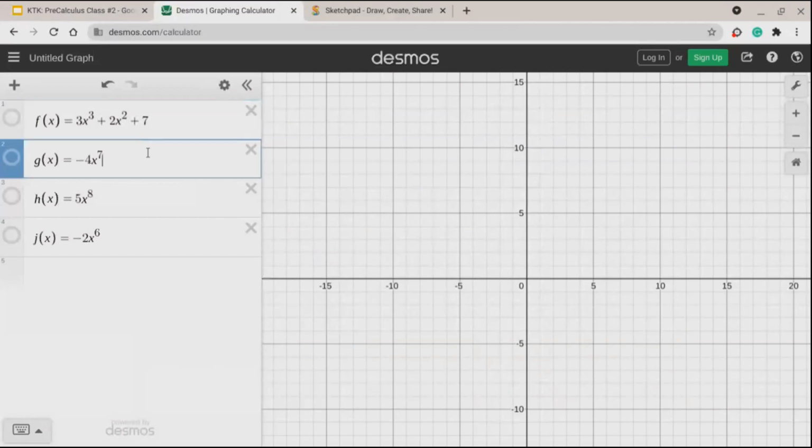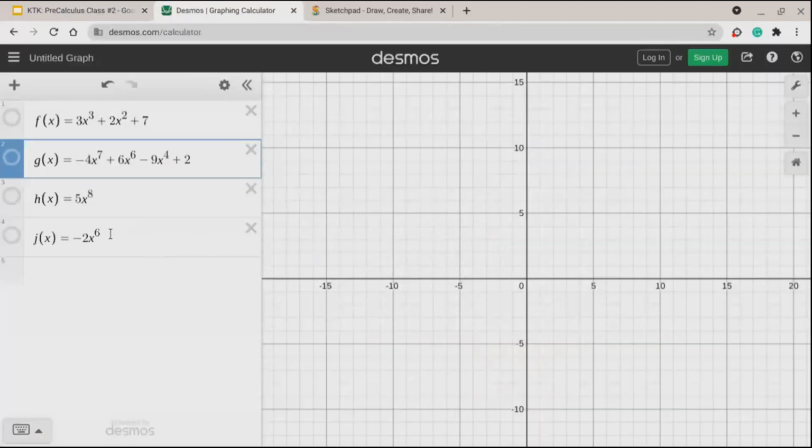And we're going to do the same thing with this other one: negative 4x power 7 plus 6x power 6 minus 9x power 4 plus 2. And we've got the same end behavior. The end behavior remains the same. We're going to try once more for the last one.